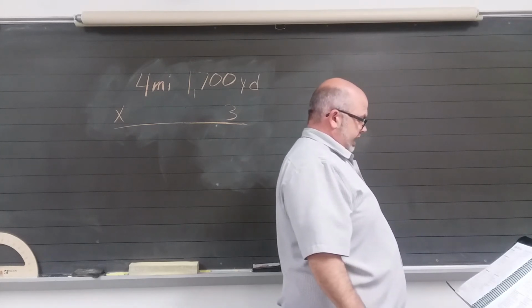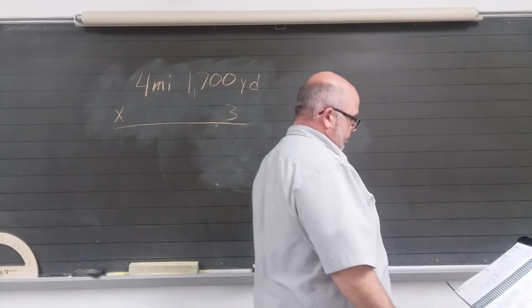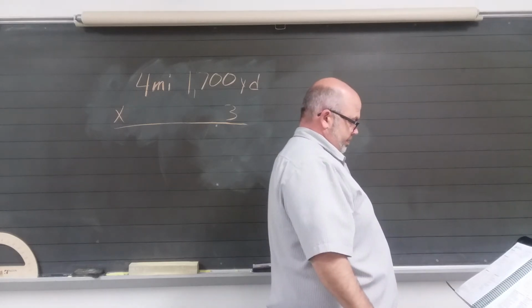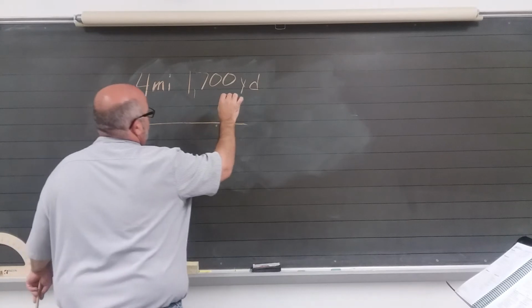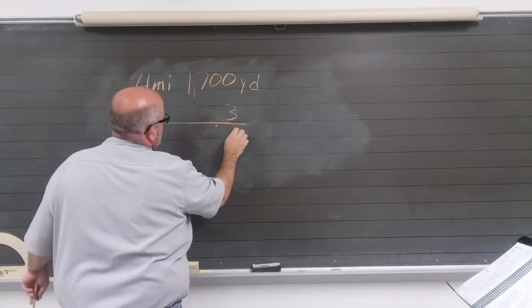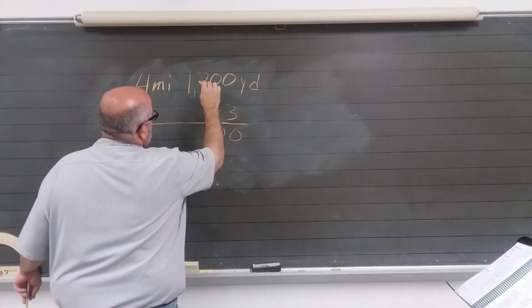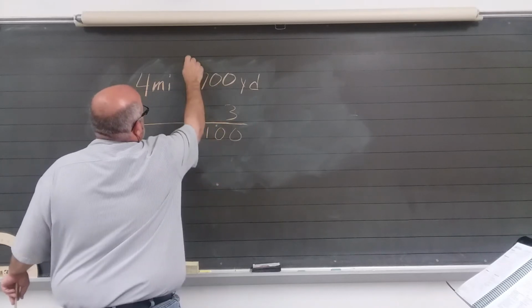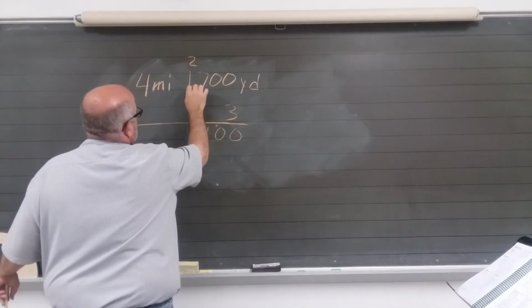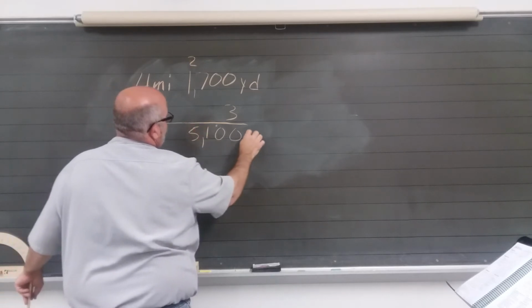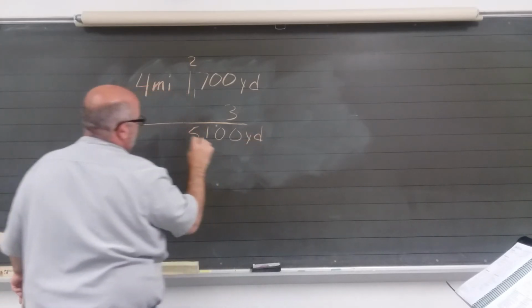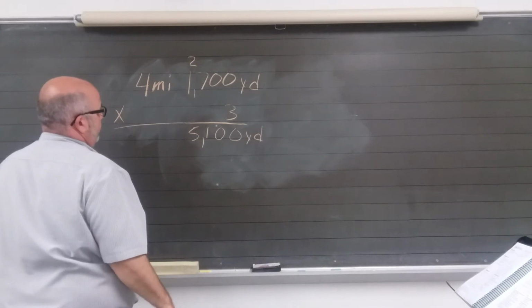Now you multiply each one of these separately by 3. So 1,760 times 3 is 5,280 yards.